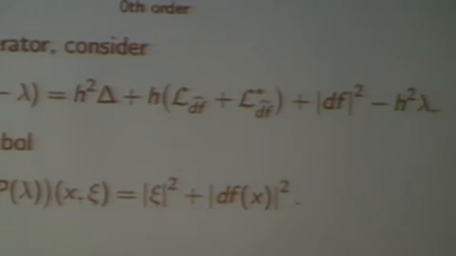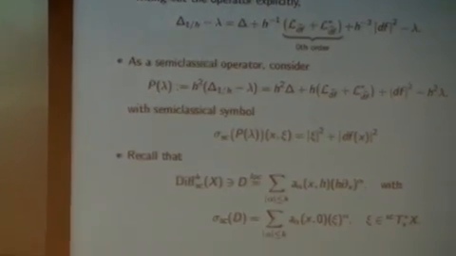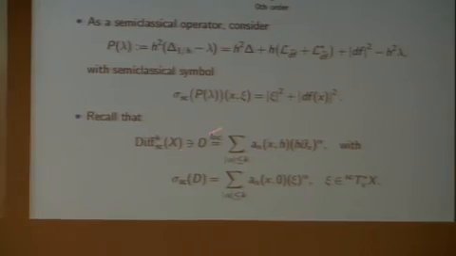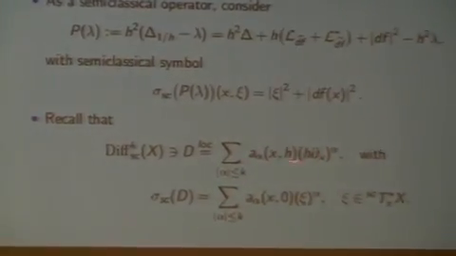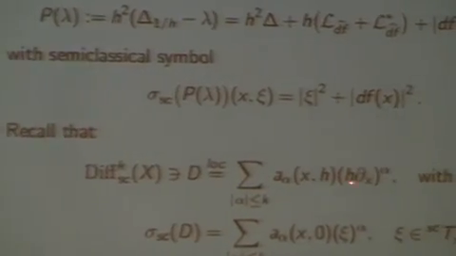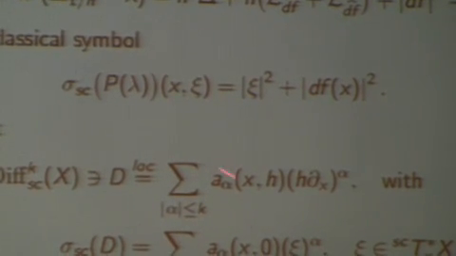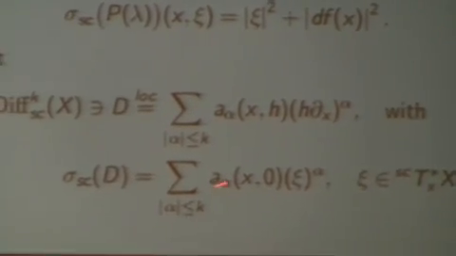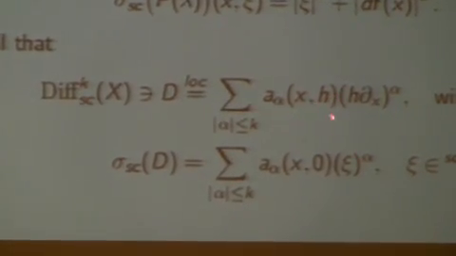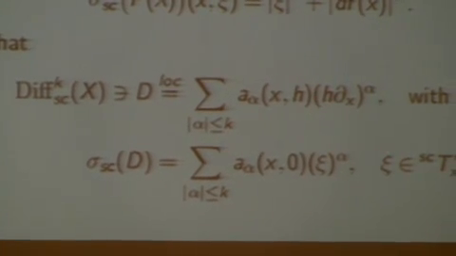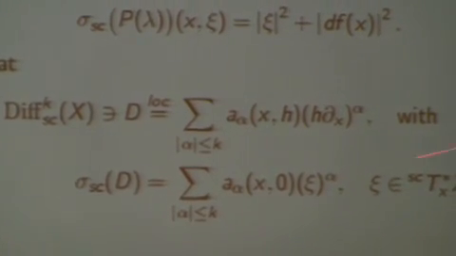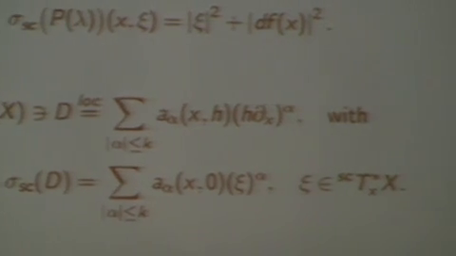So if you aren't familiar with semi-classical analysis, let me give you the two-line definition here. The semi-classical differential operators are essentially differential operators where we consider homogeneous terms where the h's are paired with derivatives, and the coefficients may depend on h. And in this sense, the semi-classical symbol is what you get when you set h equals 0 and formally replace h dx by a cotangent variable.